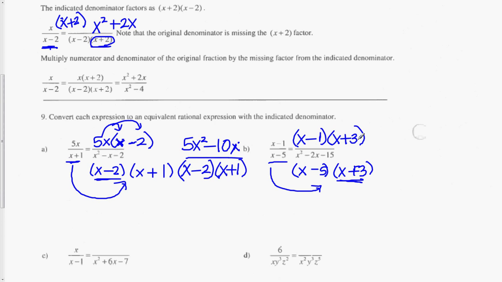And so you can leave it really x minus 1 over x plus 3 over x minus 5, x plus 3. In ALEKS, you're going to be asked to do problems where you're just going to find the equivalent fraction. So you could multiply it out if you want to, but you could just leave it with your parentheses as well. Answer is correct either way.